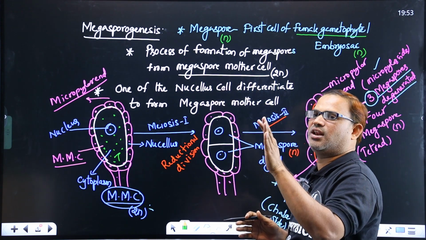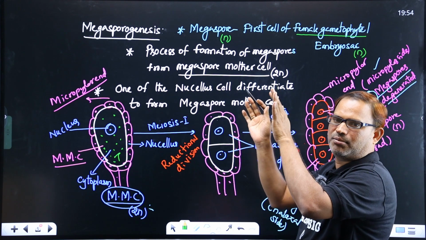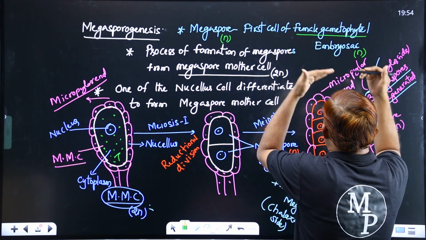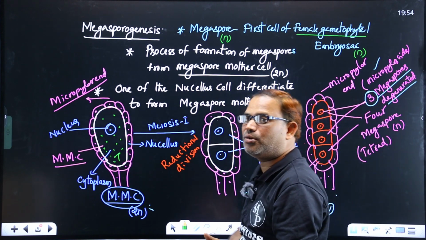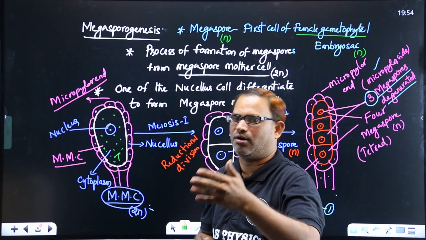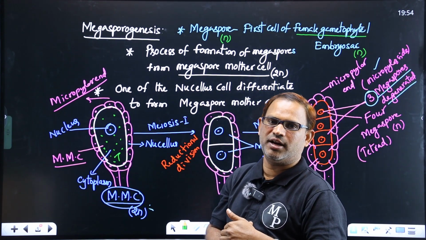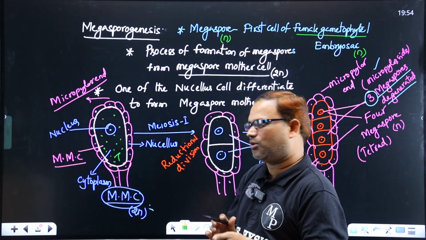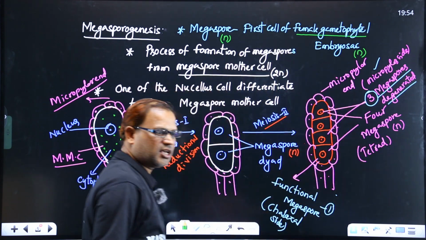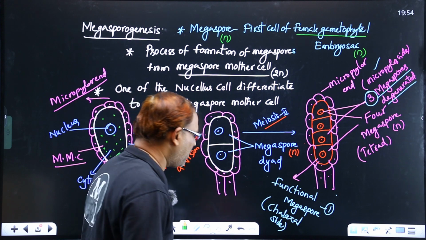Megaspore is the first cell of the female gametophyte, and one more name for it is embryo sac. So the embryo sac ploidy is haploid. Each cell of the embryo sac is haploid in condition. Okay, this is about the complete structure of megasporogenesis. It's clear to all of you.